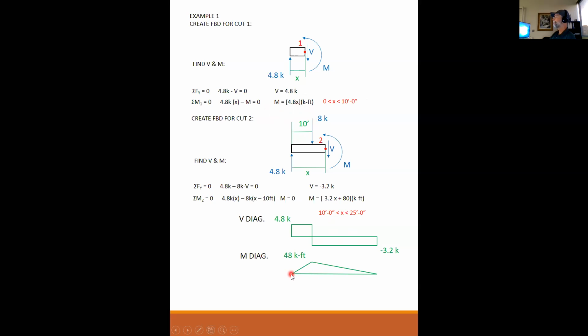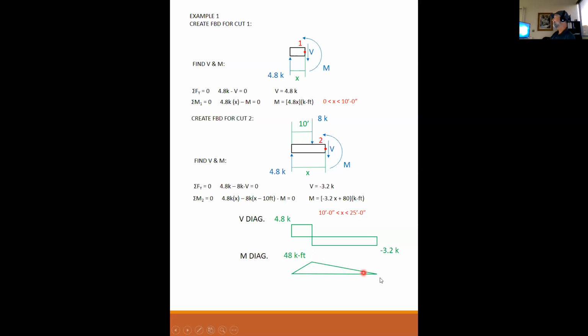And there is 0 right there. When x is equal to 10 feet, which is the distance of the point load, or the extreme of this range of validity, 10 times 4.8 is 48. So at 0, moment is equal to 0. At 10, moment is equal to 48.